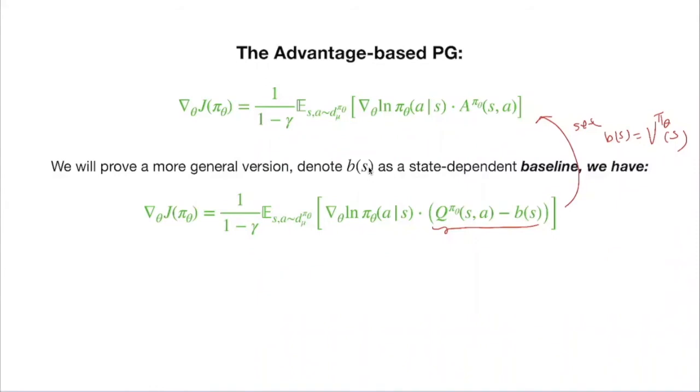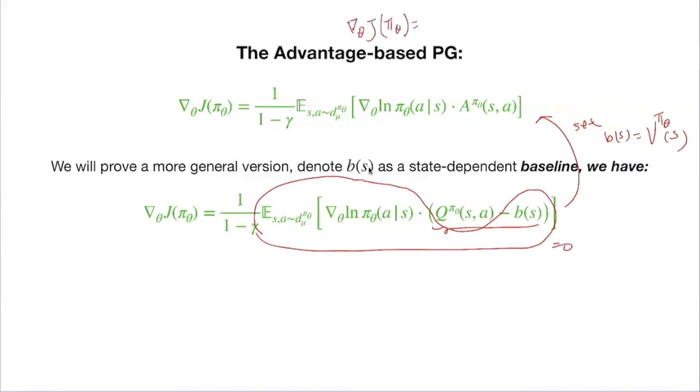All right, so how do we prove this policy gradient is actually equal to this formulation? All we need to do is convince ourselves that this term is 0. Because we know that the policy gradient can be written using the Q value.